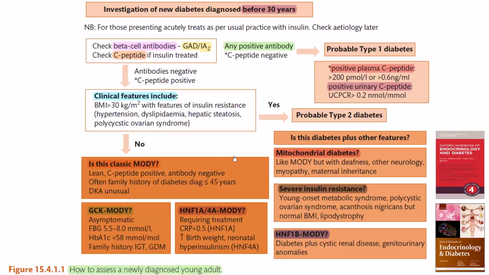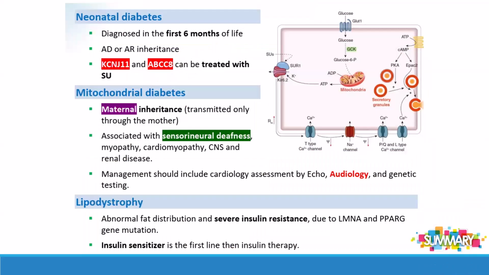This algorithm is important. As we mentioned, what do you mean by low renal threshold? The actual renal threshold to cause glucosuria is about 180 milligram per deciliter, which is equivalent to 10 millimole.